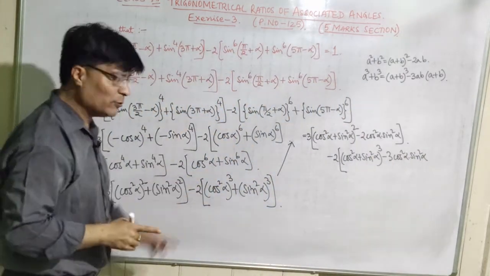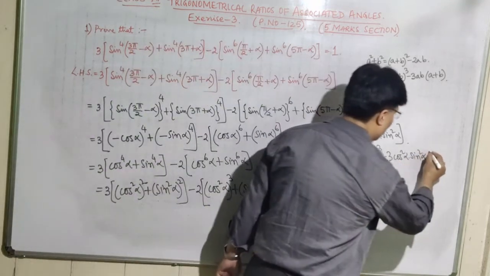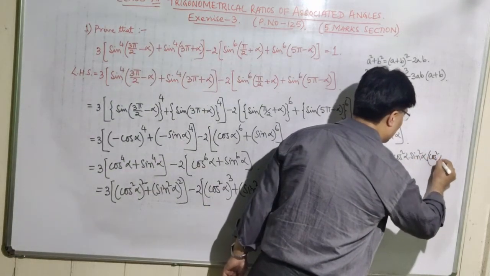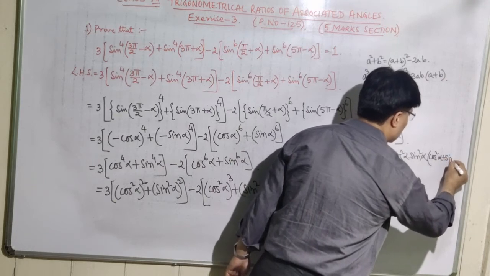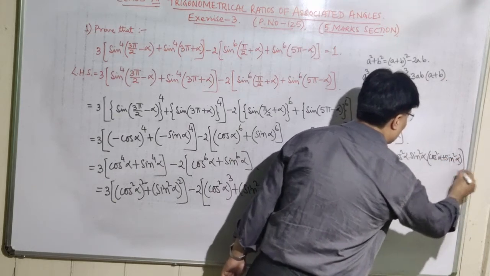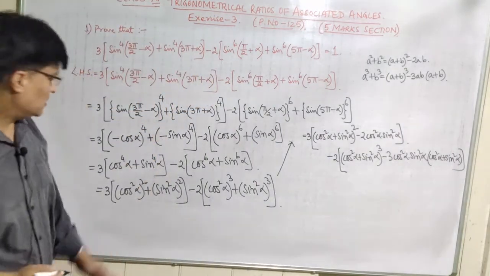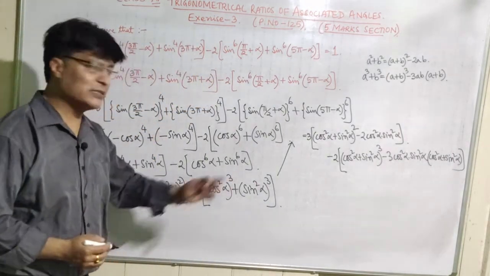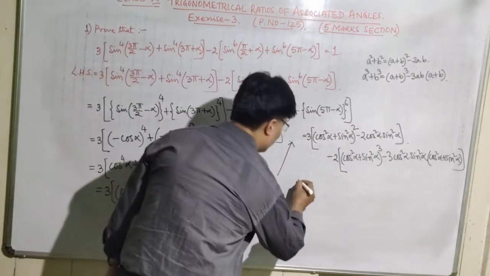And what is A plus B within bracket? That is cos square alpha plus sin square alpha. So we have used the formula here. Here A is cos square alpha and B is sin square alpha. So let us simplify it further.